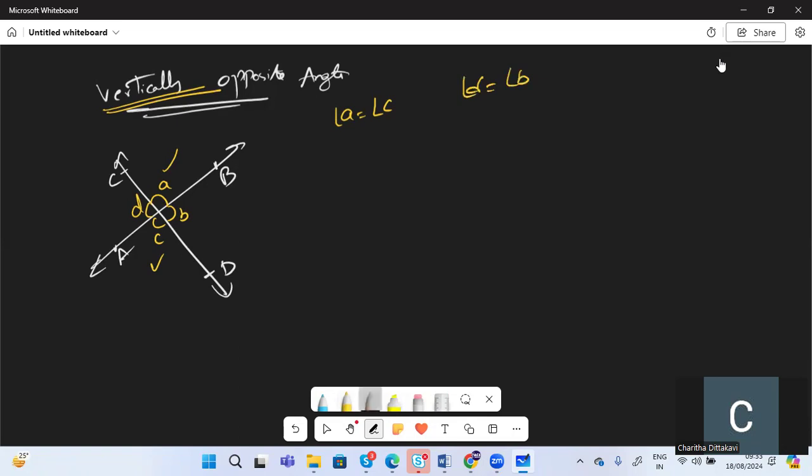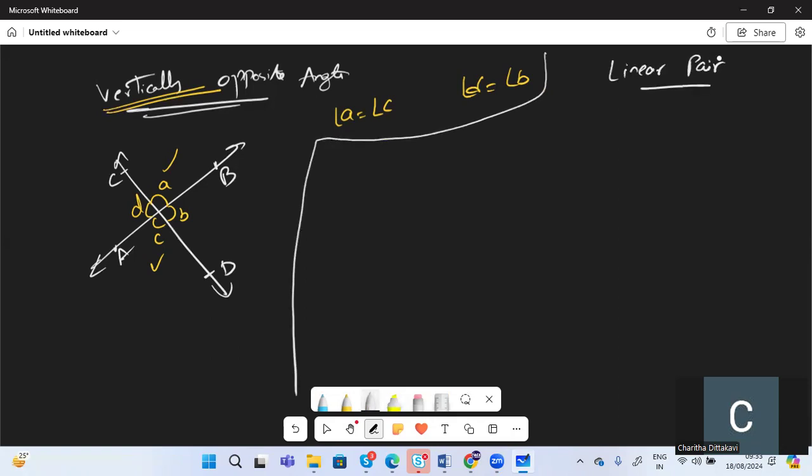As we have just now discussed adjacent angles, let me discuss linear pair also. Before going for vertically opposite, let us discuss linear pair angles. Suppose you have a straight line AOB, and a ray OC.